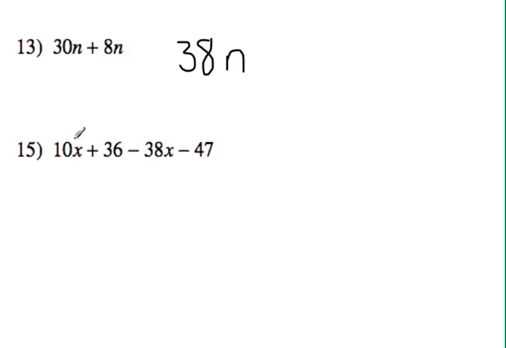I'm going to put the 10x with the negative 38x, and then I'm going to get the 36, which is positive, so I'm going to put a plus, with the negative 47.